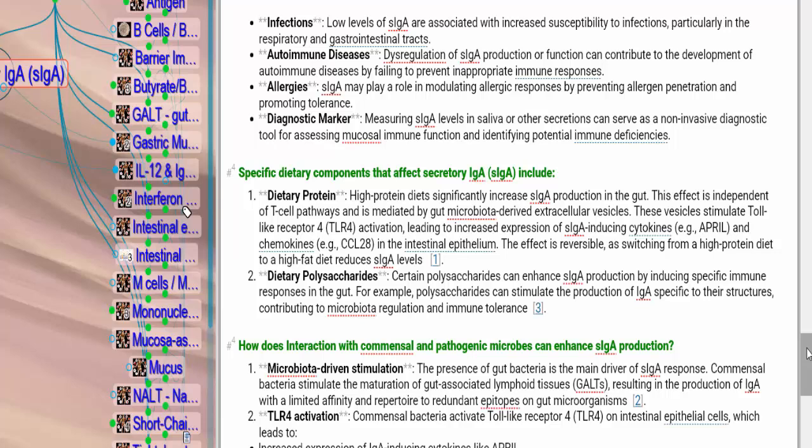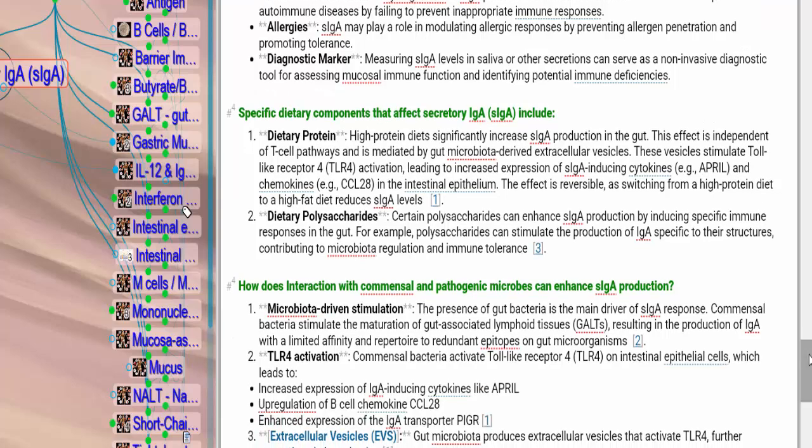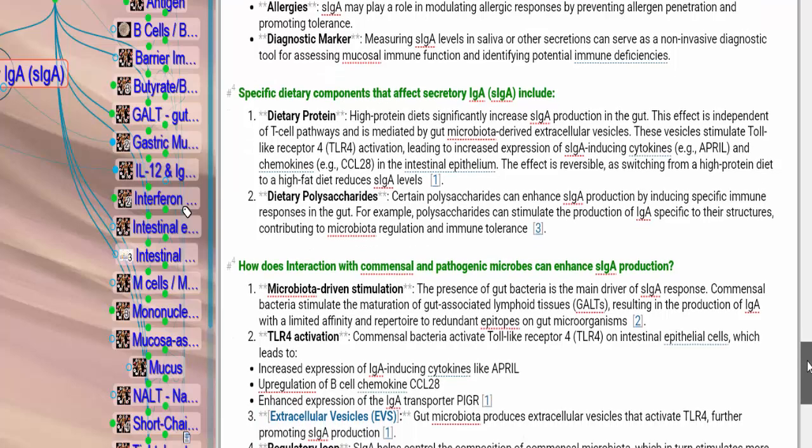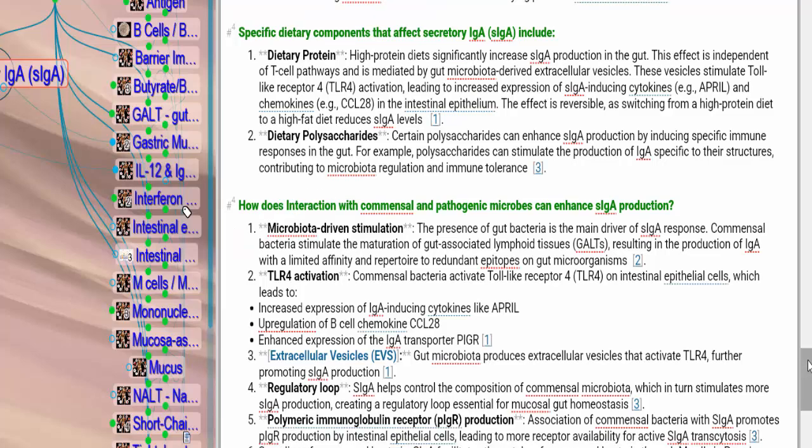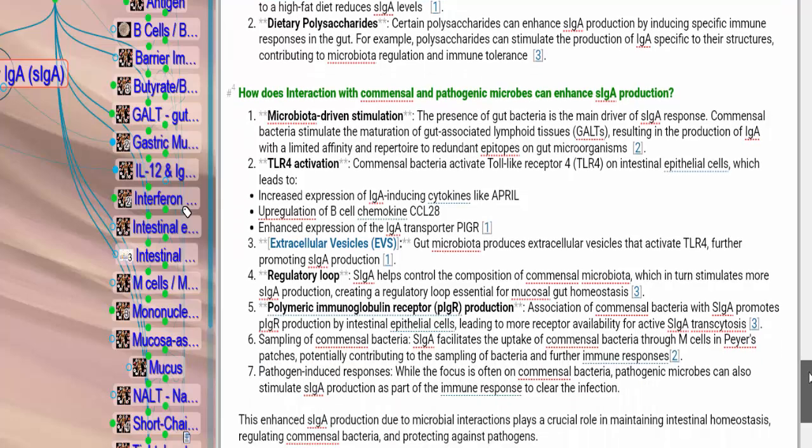For example, polysaccharides can stimulate production of IgA specific to their structures, contributing to microbiota regulation and immune tolerance. Here we've got a section on how interaction with commensal and pathogenic microbes enhances its production. I'm going to leave it to you to read that part.